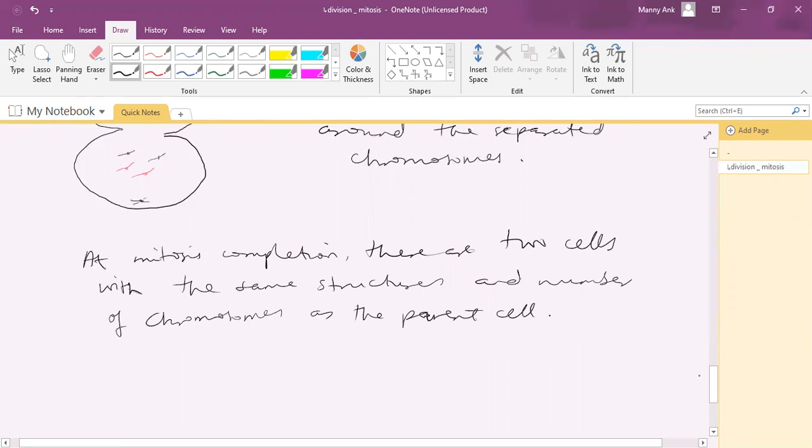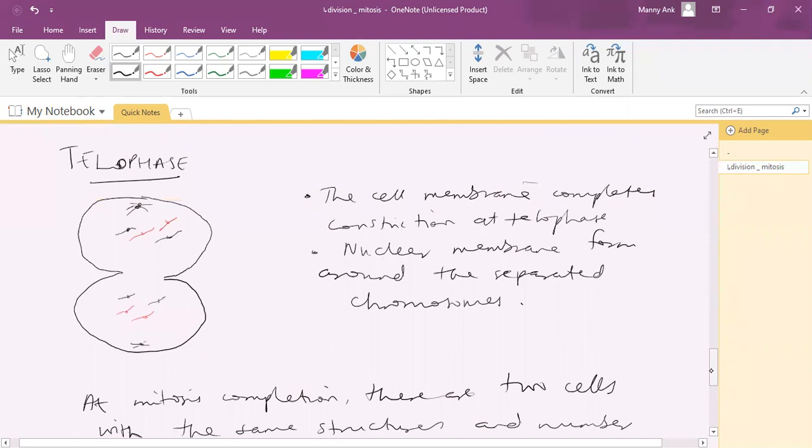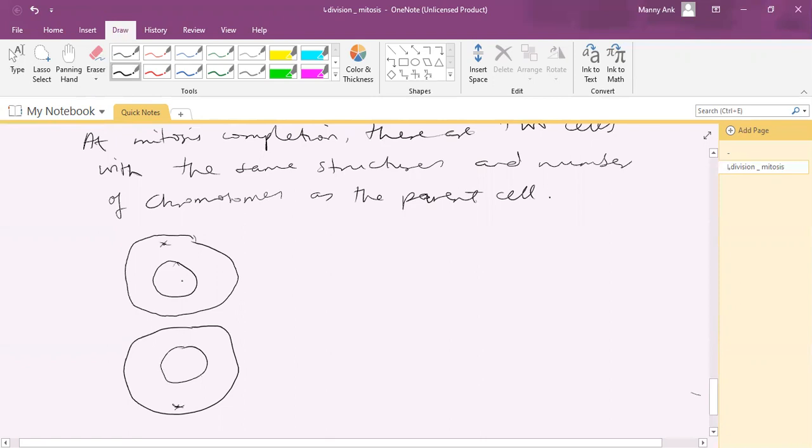Good. So we end up with a cell that looks like this. Nuclear membrane formed. The chromosomes in there.